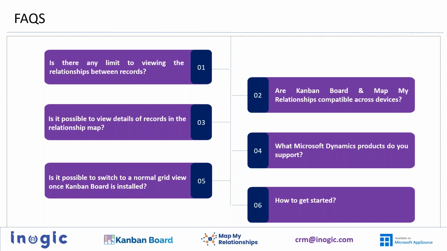They work extremely smoothly across various devices: phones, tabs, desktop, laptop, etc. The next one, is it possible to view details of the records in the relationship map? Of course it is. This can be viewed upon hovering over the record node, as seen in the demonstration earlier.